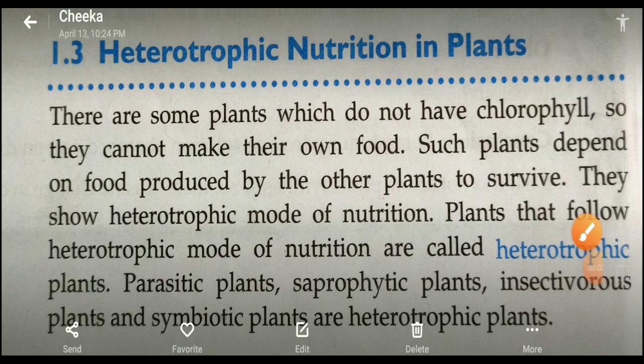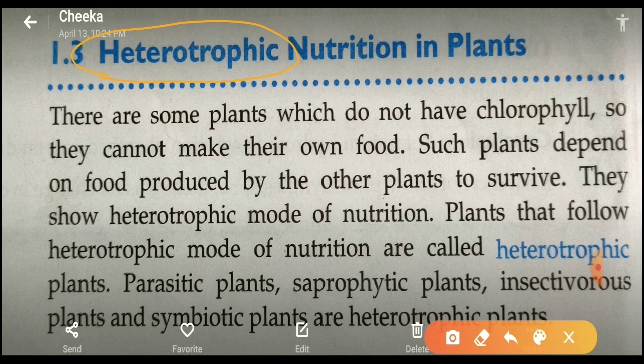Hello students, in this video we will do heterotrophic nutrition in plants. First we have done autotrophic nutrition. Here heterotrophic nutrition is there. Plants mostly make their own food. We can say that all green plants are known as autotrophs.